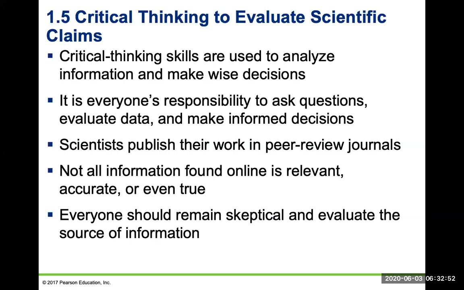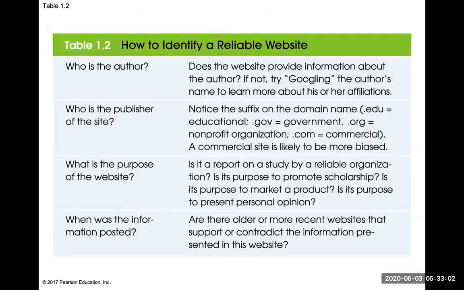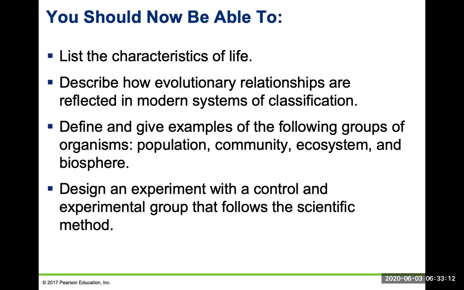Not all information found online is relevant, accurate, or even true. I think we all know that. And everyone should remain skeptical and evaluate the source of information. So these are steps in how to identify a reliable website: who's the author, who's the publisher, what's the purpose, and when was the information posted. So in order to become a good scientist, you should do those things.